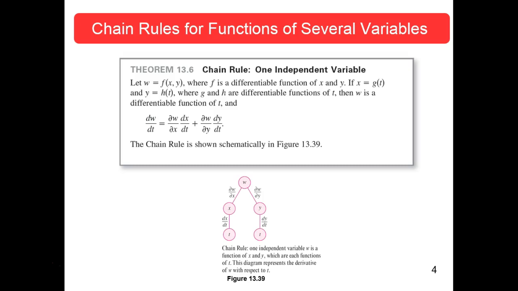So that's why I say one independent variable, because t is actually your only independent variable here. When I first looked at this, I said, no, they got two, but I didn't read far enough. Where g and h are differentiable functions of t, then your original w is a differentiable function of t. Okay? And because there's only one independent variable, that's a pure derivative.